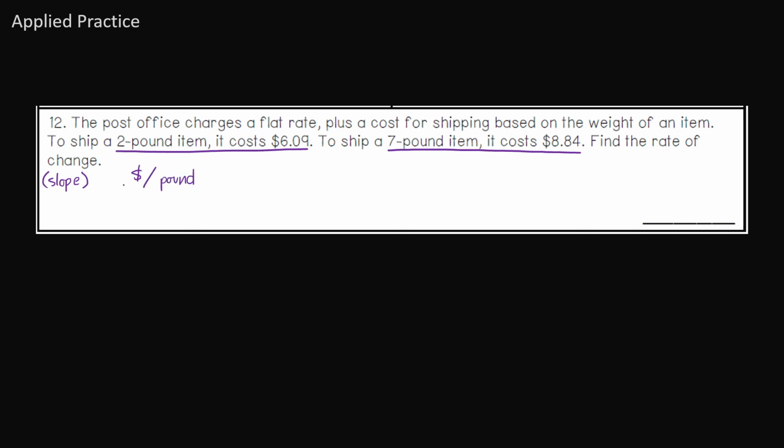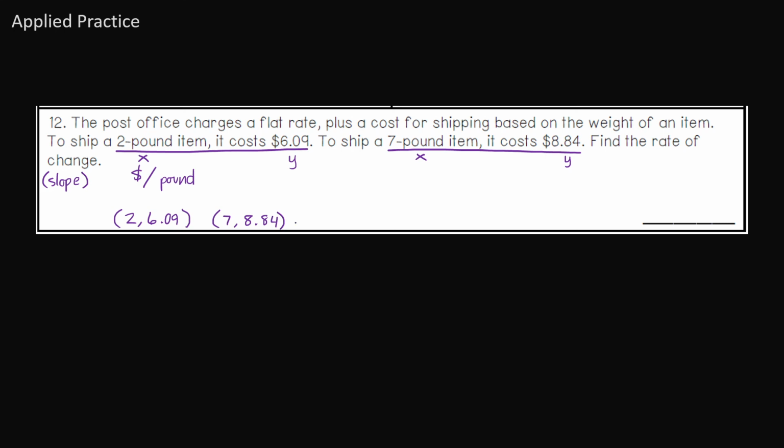In other words, cost is my y value, and weight is my x value. So I'm seeing 2 coordinates here. My first one, a 2-pound item costs $6.09 to ship, would look something like this: (2, 6.09). My second coordinate would be (7, 8.84).